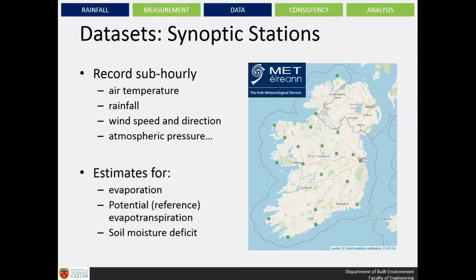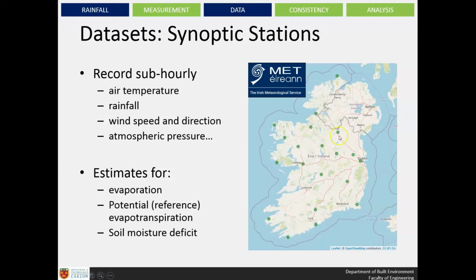And from those, they calculate estimates for, say, open water evaporation, and reference or potential evapotranspiration using Penman-Monteith, which I'll mention later. They also calculate soil moisture deficits, which I'll also mention later.